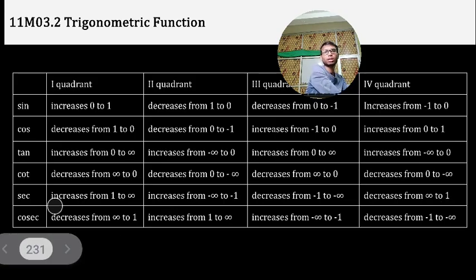Now what is sec doing? In the first quadrant it increases from 1 to infinity. In the second quadrant it increases from negative infinity to −1.